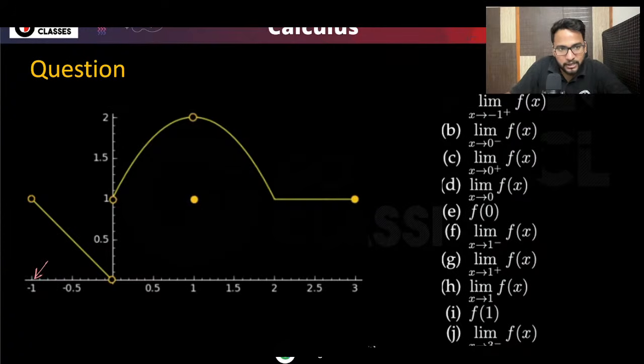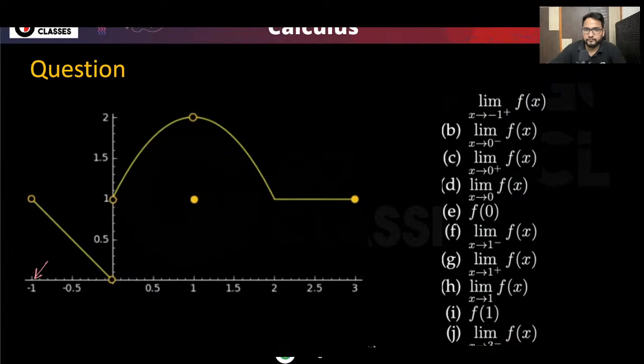The -1 plus value is, I think, +1. So the value given here is +1. Let me write here, this is +1.